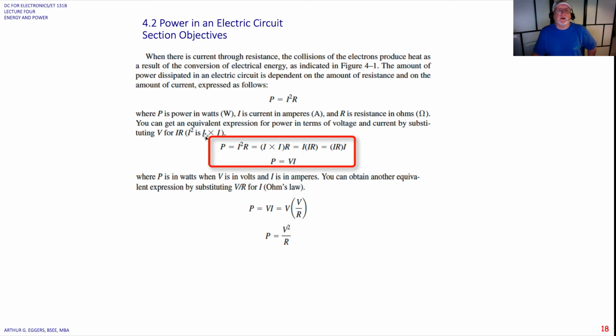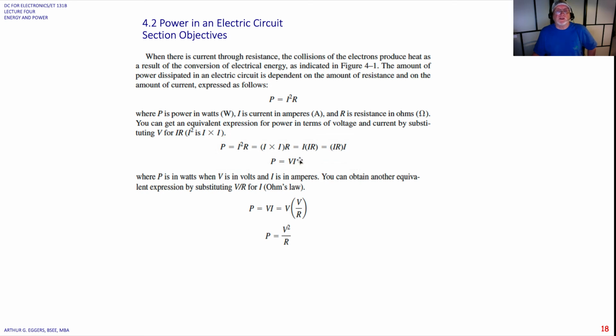I squared R is I times R times I. So if we put it in our expression, I times R, we know that I times R is V. So we end up with a conversion here, and that's all this is showing us, is how we went from I squared R to power equal to voltage times current.